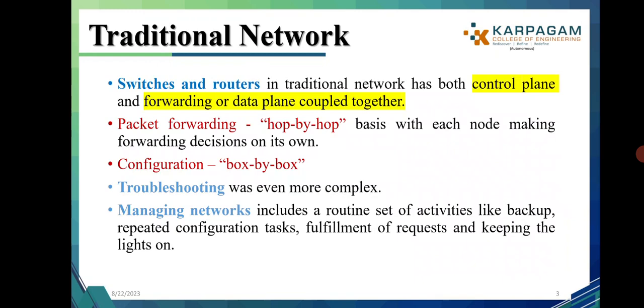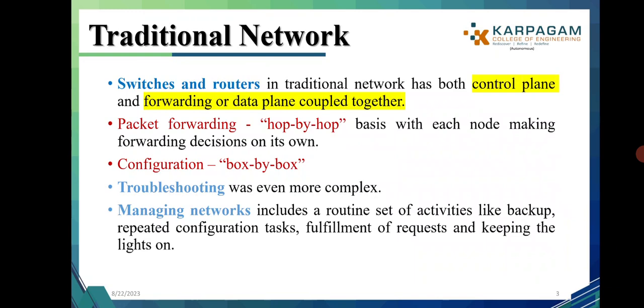Here the control plane and data plane are coupled together, so you have to take control decisions and forwarding decisions on its own in a traditional network, right? This control plane and data plane work together to transmit the data from one switch to a switch, or one switch to a router, and vice versa.